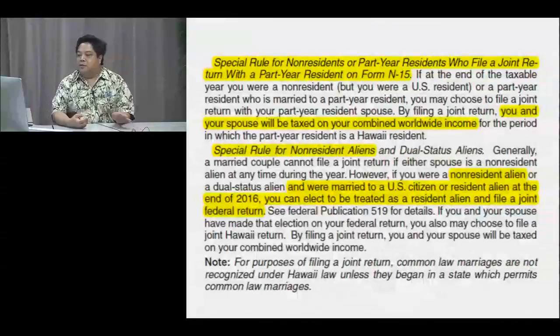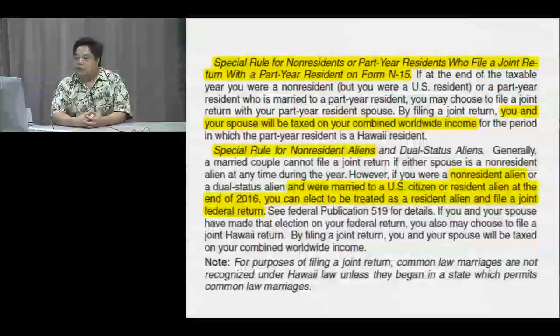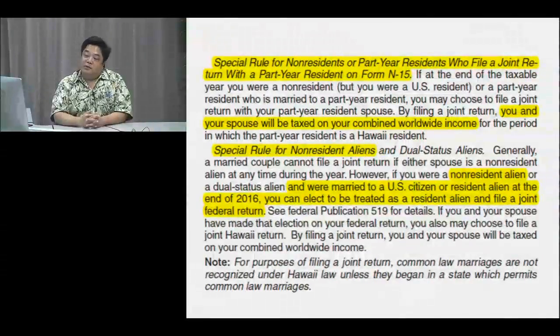So this is the special rule on page 8: special rule for a non-resident or part-year resident who files a joint return. You and your spouse will be taxed on combined world income. So if you're a non-resident or part-year resident who files a joint return, you have to do it on worldwide income. But most times, like I said, the word non-resident in this instruction could be for people from New York, people from California.